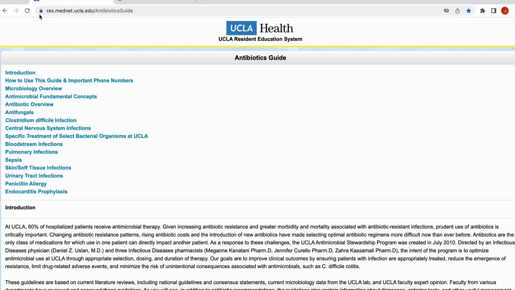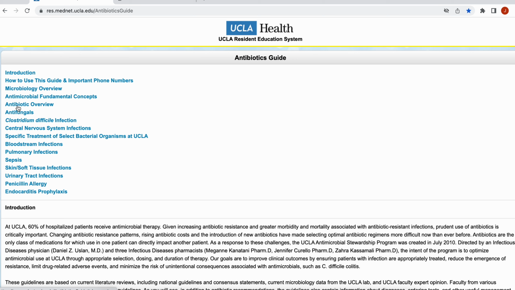Look at the website here, residentmednet.ucla.edu antibiotics guide. I don't know how I got this. I think I got it when I was doing residency like 10 years ago, but it is often updated, and it is commonly used by residents, and a lot of the residents I know use this because the information here is really good.